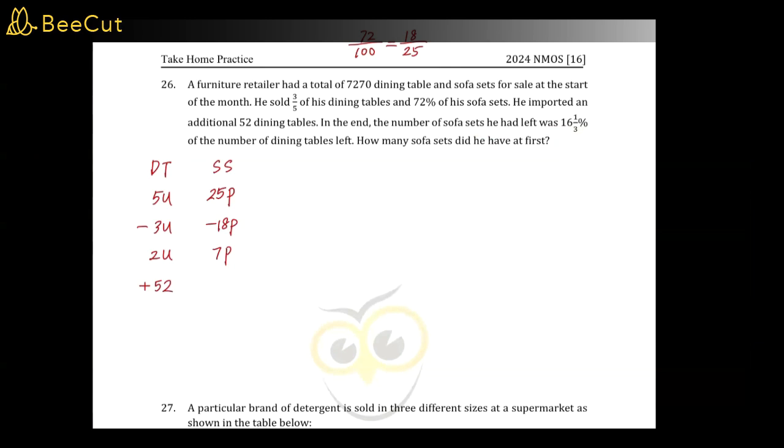Now let's do a conversion. 16 1/3%. Convert it into a mixed number: 16 1/3 equals 49/3. Percentage means divided by 100. So this equals 49/300.